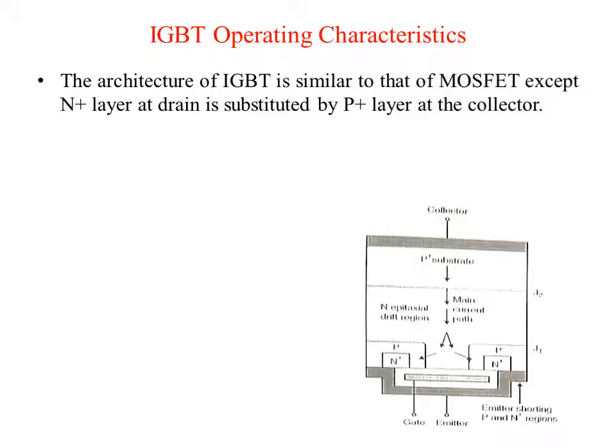In the figure we see that the N plus layer at the drain side is substituted by P plus layer at the collector. So the IGBT has three terminals: gate, emitter, collector. At the collector side, the P plus layer is substituted instead of the N plus layer of the MOSFET.